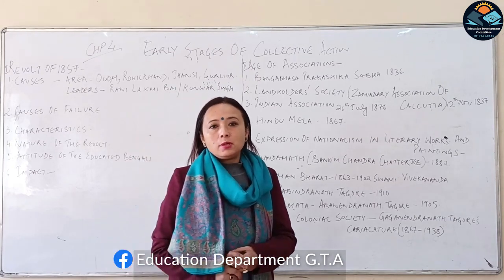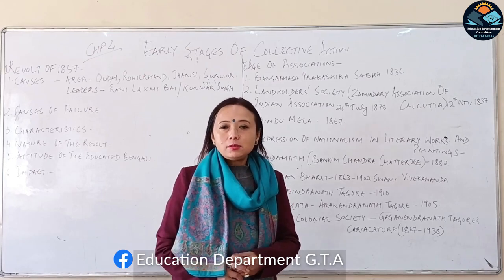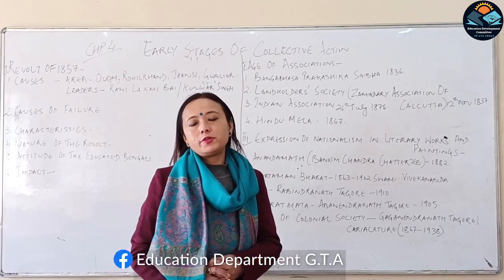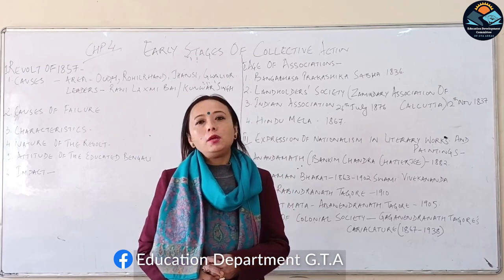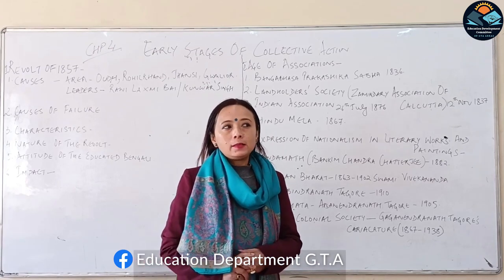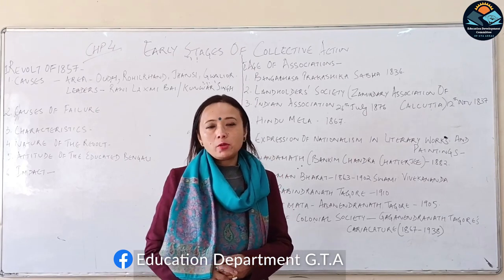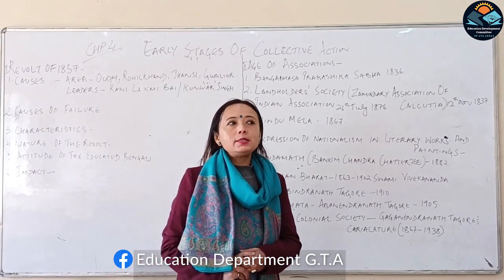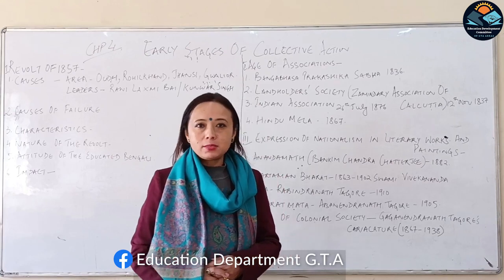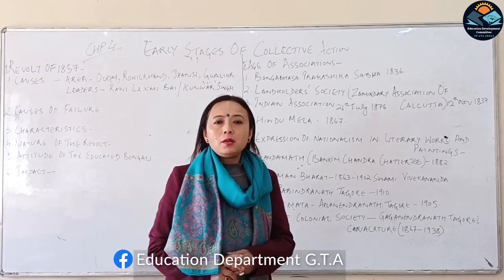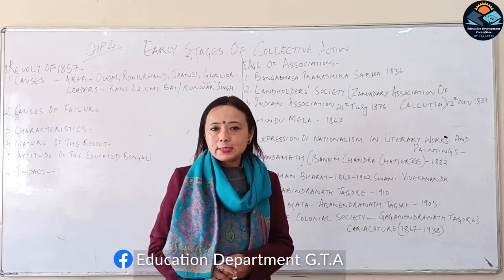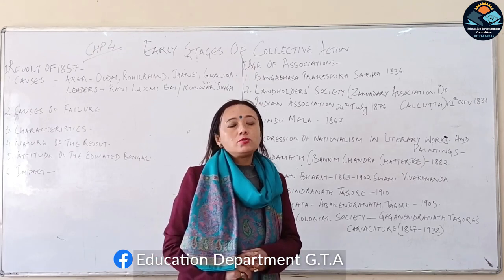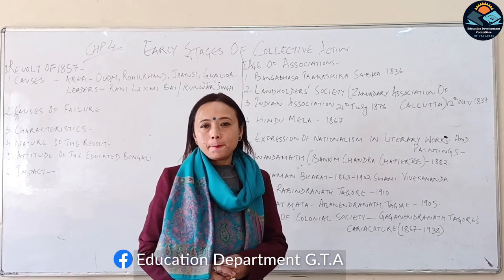Now, there were several religious causes of the revolt of 1857. For instance, in those days, the British sent the sepoys to fight battles on their behalf. So the sepoys had to cross rivers and seas in order to reach those places.